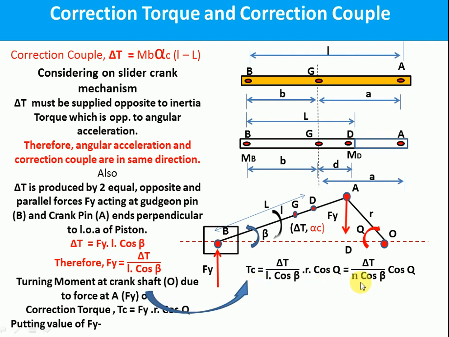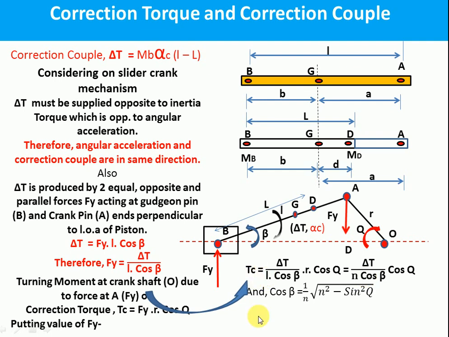Also cos beta is 1 by n under root n square minus sin square theta, as we have proved in the last two lectures. So cos beta equals 1 by n under root n square minus sin square theta. Replace it in the above equation.